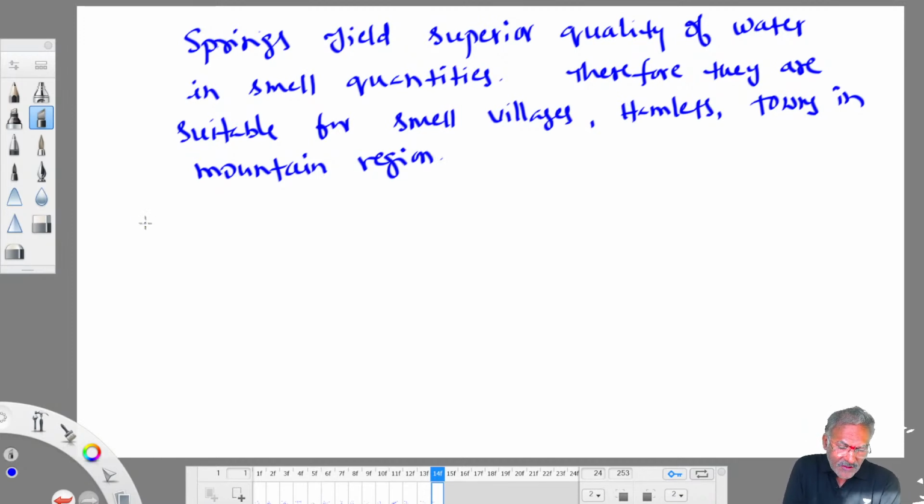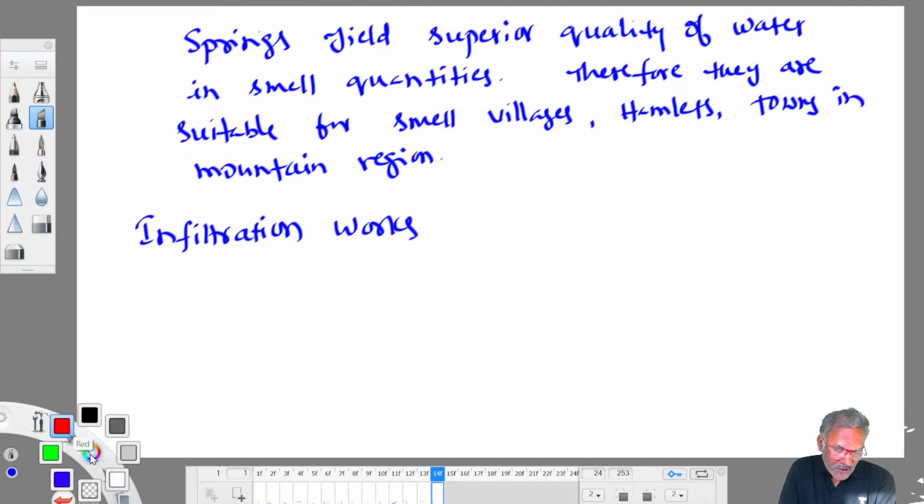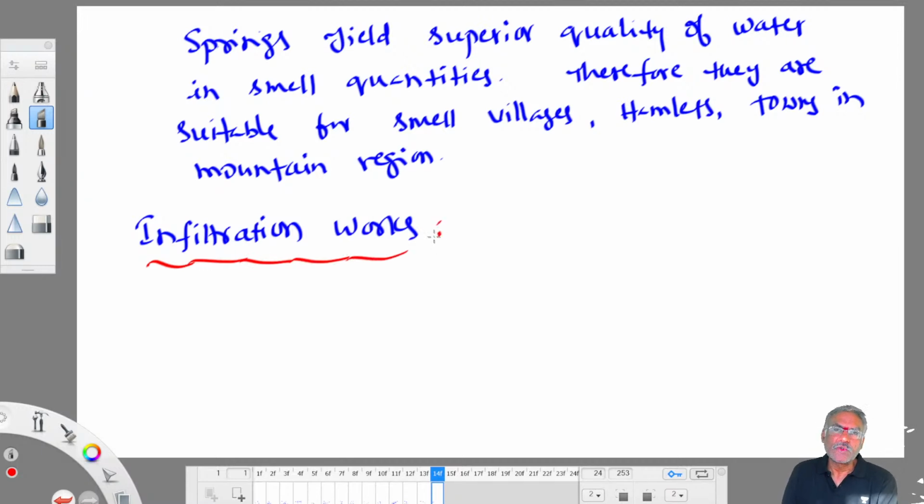So next, infiltration works. Normally infiltration works are used by small communities where they don't have money to draw water from a river. Straight away from streams and rivers you cannot collect water because they yield dirty water.